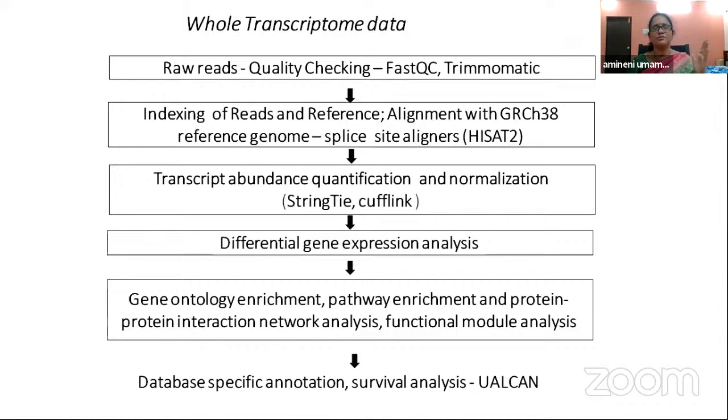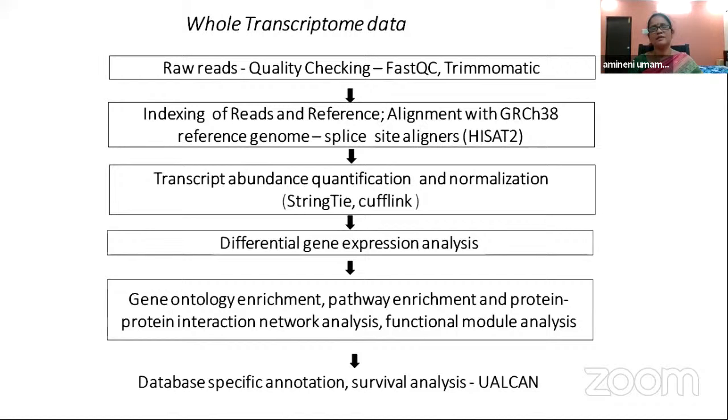Once the alignment is correct, we go for normalization. Normalization means these transcript values will range from minus 1000 to plus 1000. If these values are not matching, it will cause some difference. So we have to normalize the data. In statistics, this is the routine process. Once the normalization is done, we run the programs to see the differentially expressed genes.